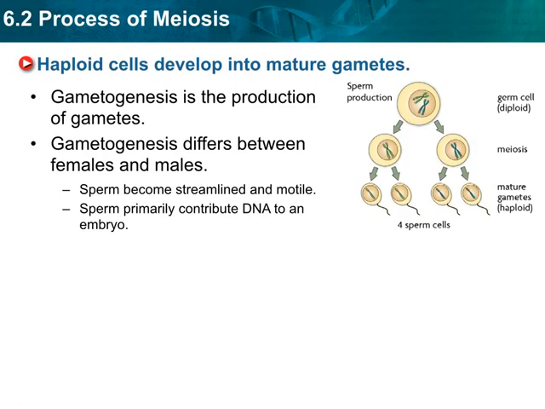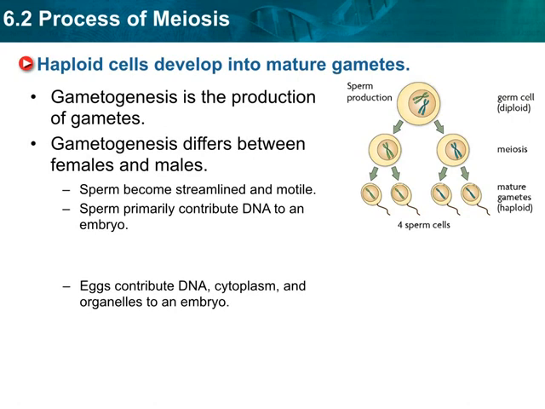So here we have, from the germ cell, the diploid cell, we go through the 2 divisions, and we end up with 4 sperm cells, smaller, about a quarter of the size of the original, because the cytoplasm is shared, and the little tails allow them to swim around. That makes them motile.